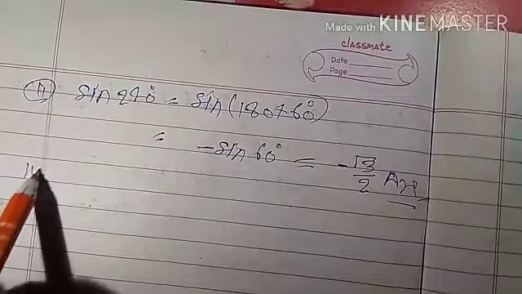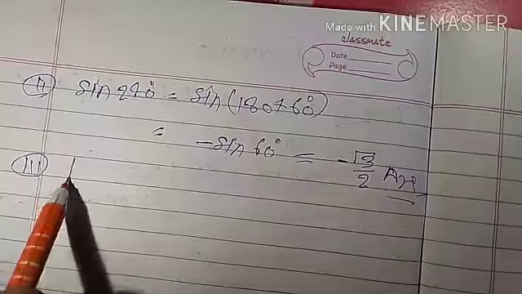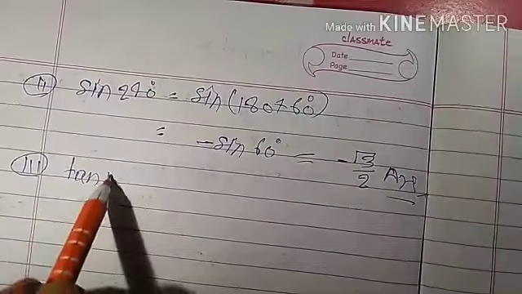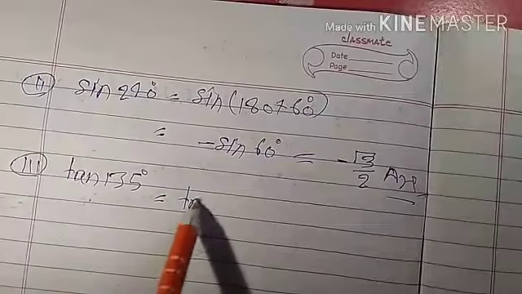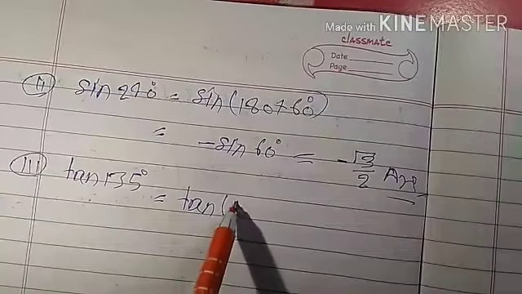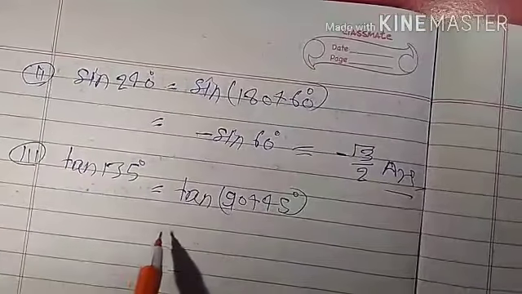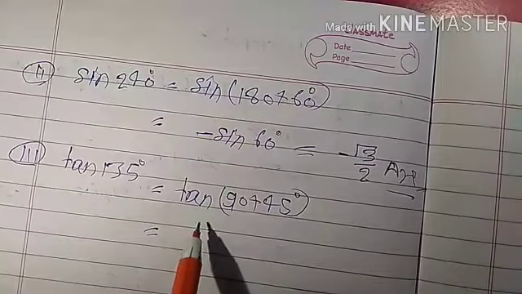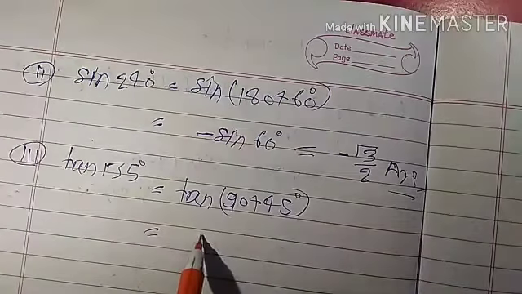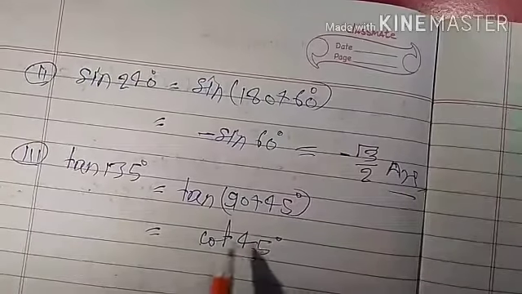Next, third part, tan 135 degrees. Tan 135 degrees, we can write as tan of 90 plus 45 degrees. With 90 plus theta, function changes are allowed, so tan theta changes to cot 45 degrees.